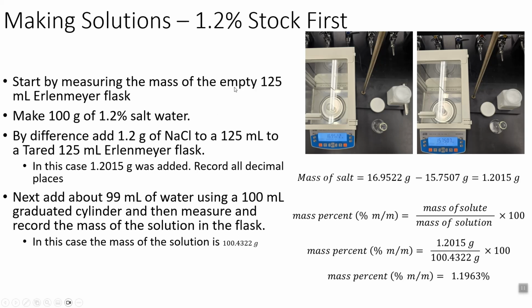Since you have the mass of the empty flask and the mass of the solution in the flask, you can subtract, and in this case the mass of the solution is 100.4322 grams. Then we can find the mass percent by taking the mass of the solute divided by the mass of the solution, and we find that it's around 1.2%, which is 1.1963%.